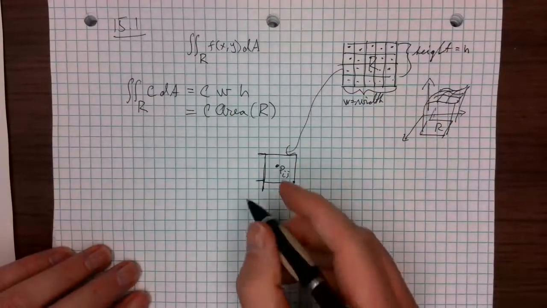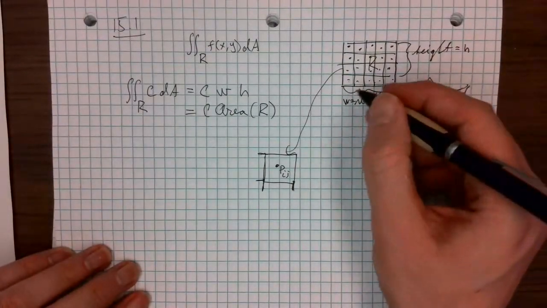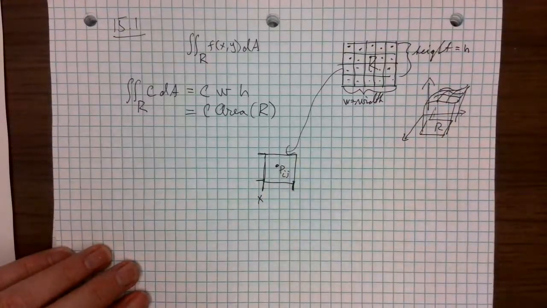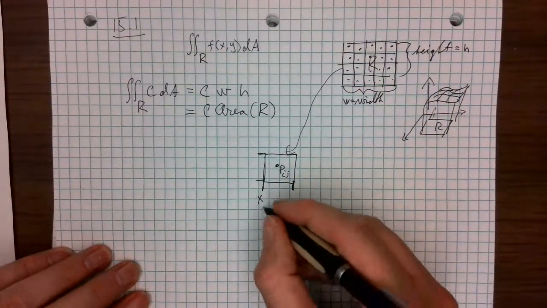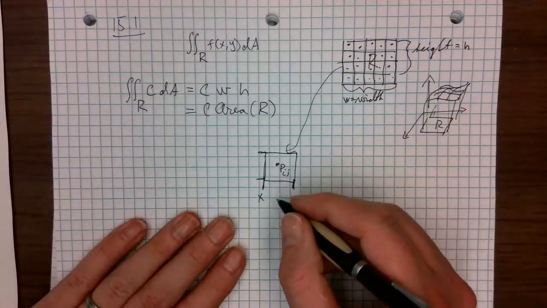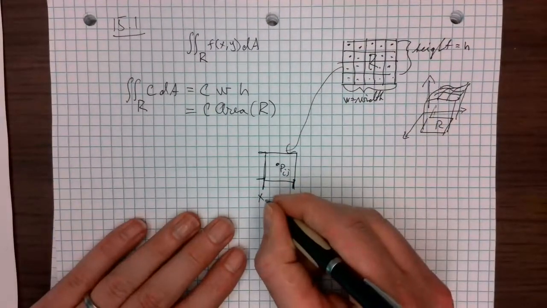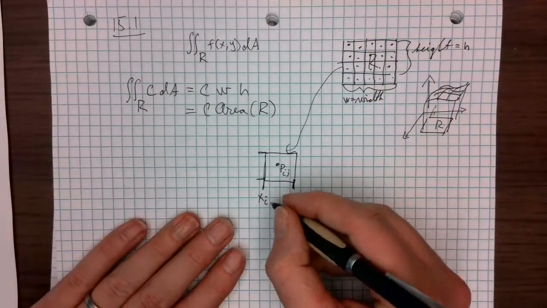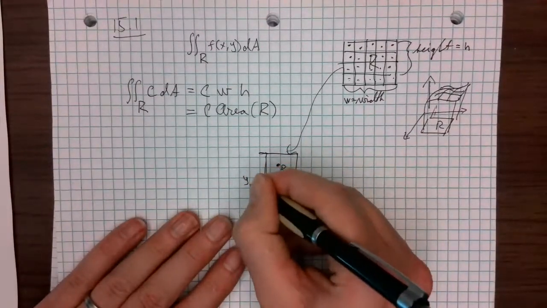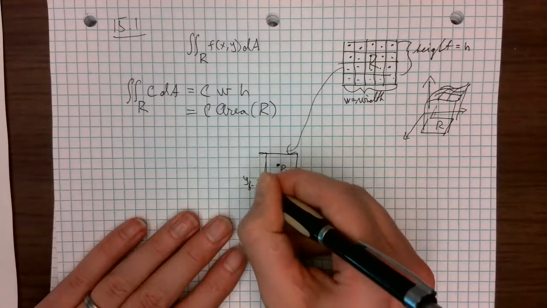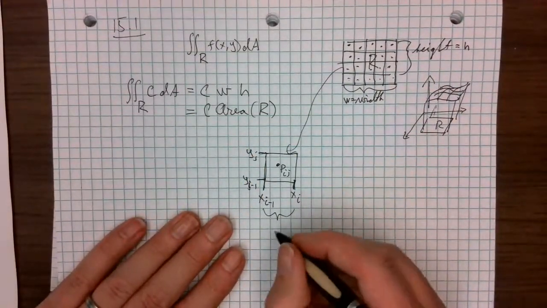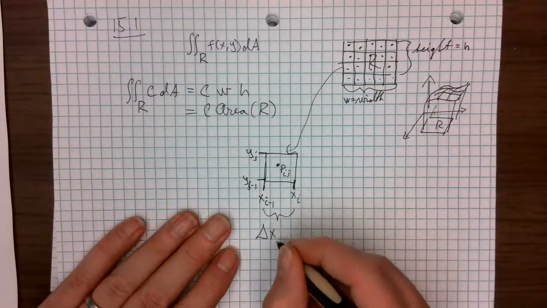Well, we're really cutting the x coordinates into pieces. So maybe, let's suppose it's x_{i-1} to x_i, and y_{j-1} to y_j. And so then the size of this thing is what we'll call delta x_i.